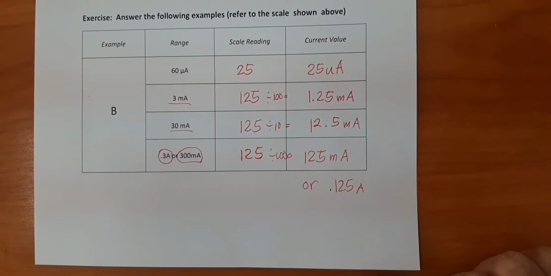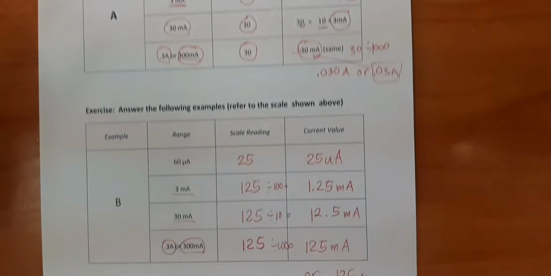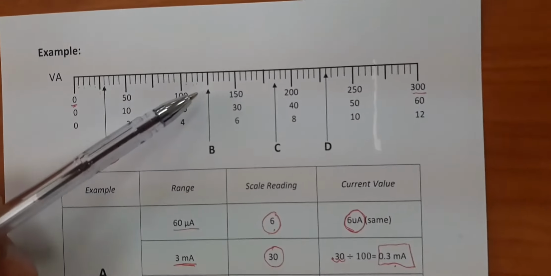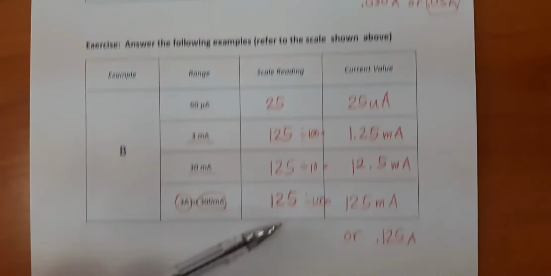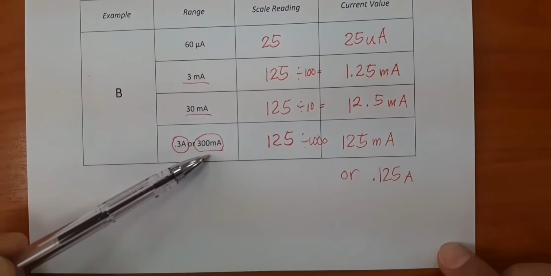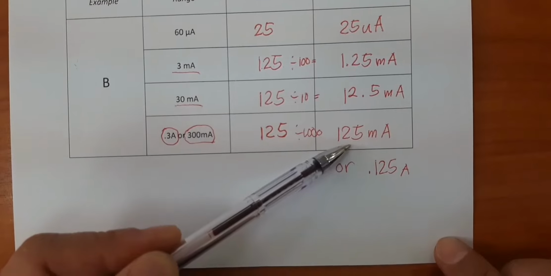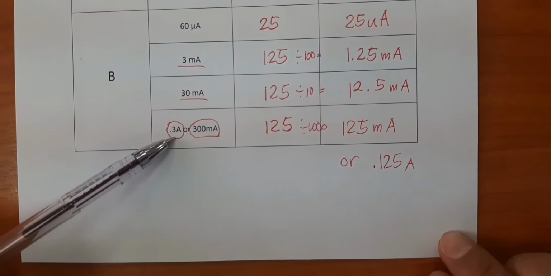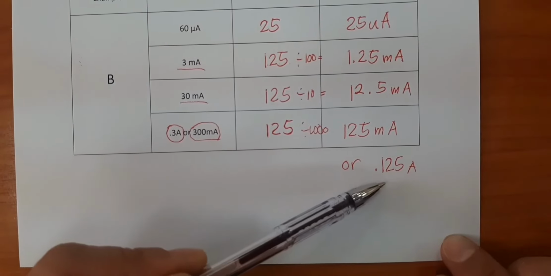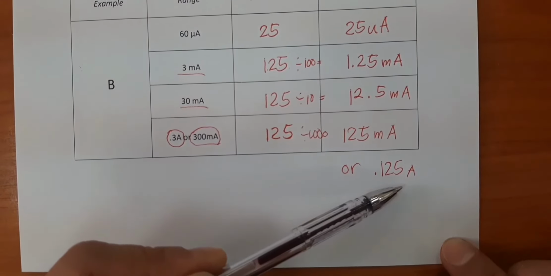Okay? So again, we have here 125, our scale reading. Then for 300 milliampere, we have 125 milliampere. For 0.3 ampere, we have 0.125 ampere.